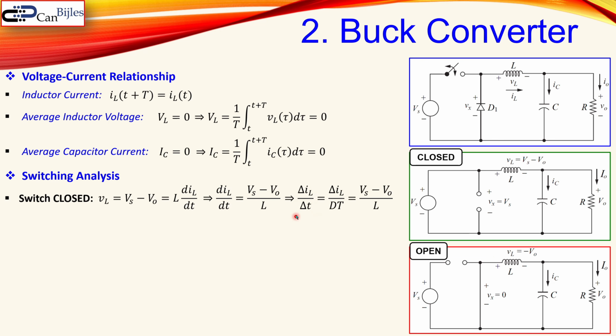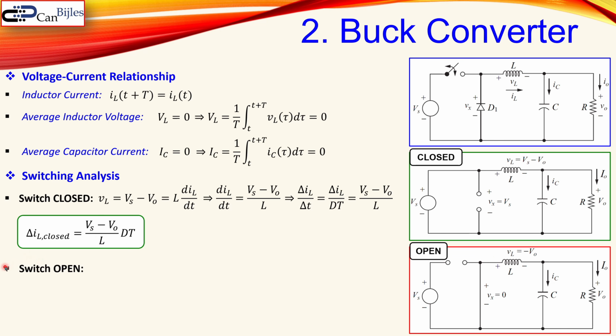You get this, and since delta t here is just the switch-closed part, so D times T, duty cycle times the period, you get a formula like so. And this is now the formula where you have the delta IL closed, the expression for the closed form for our inductor.